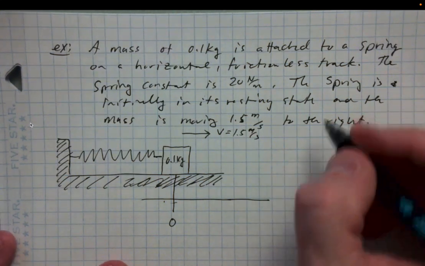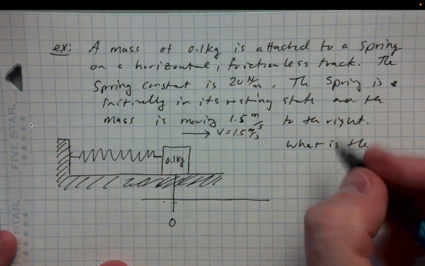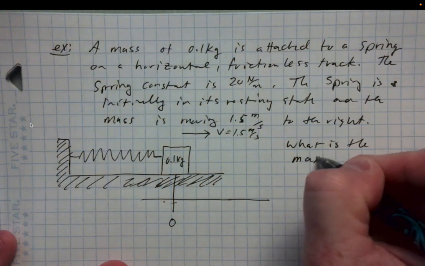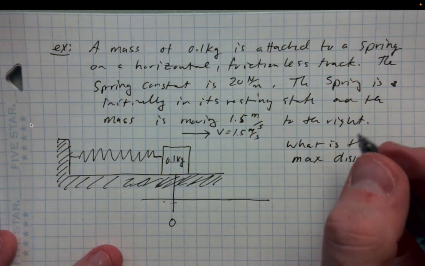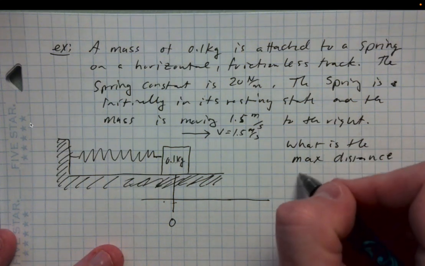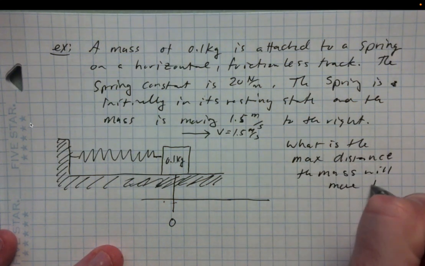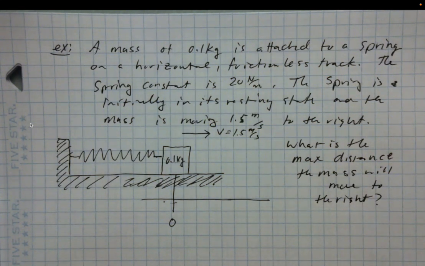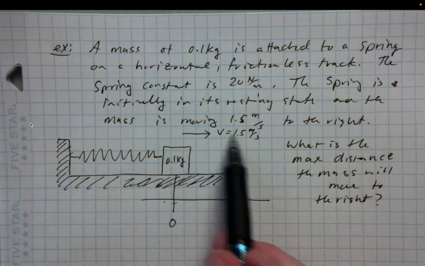So the question is, what is the max distance the mass will move to the right? Because it's got a certain amount of kinetic energy here. It's mass times velocity squared, with a velocity of 1.5 meters per second.